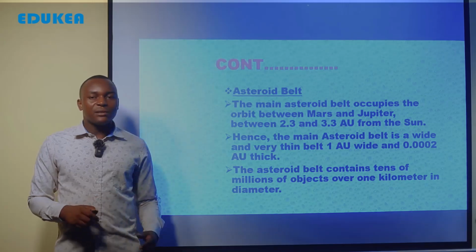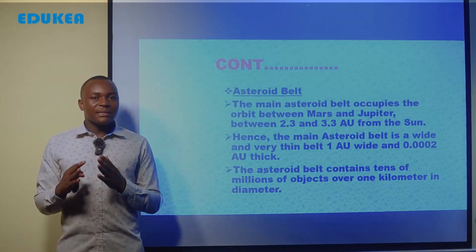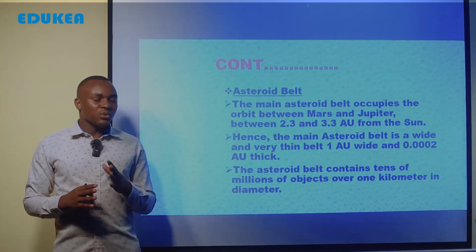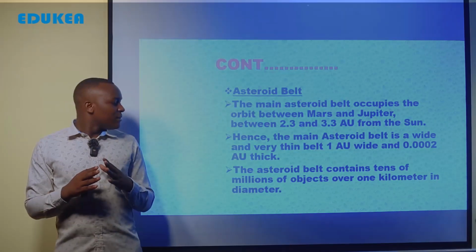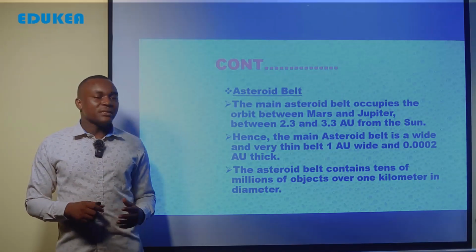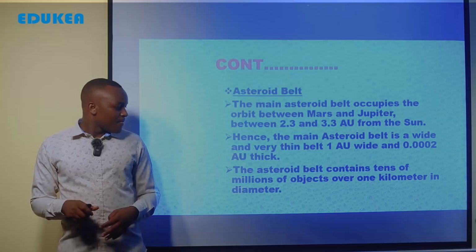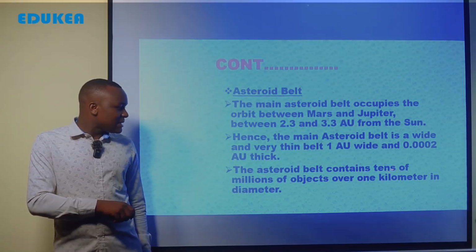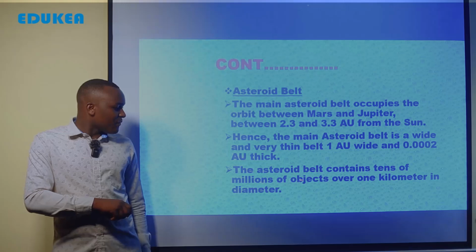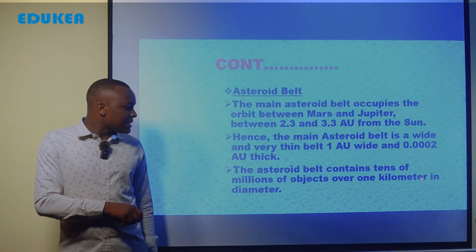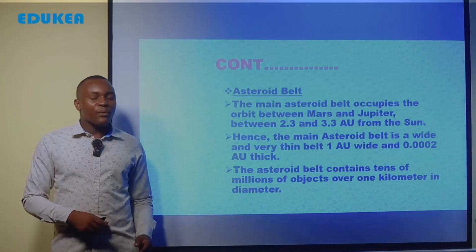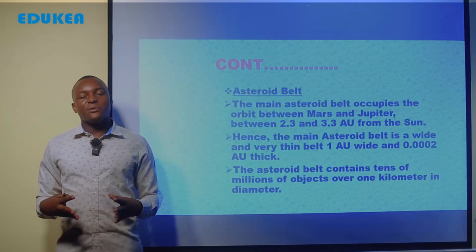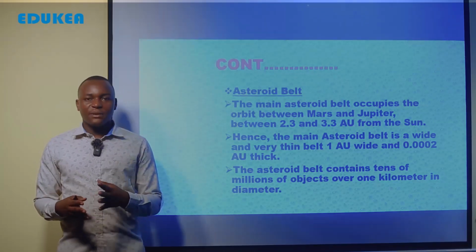In terms of thickness, it is 0.0002. But we say that the asteroid belt contains tens of millions of objects over 1 kilometer in diameter. Kwamba hii asteroid belt imecontain tens of millions of objects over 1 kilometer in diameter.